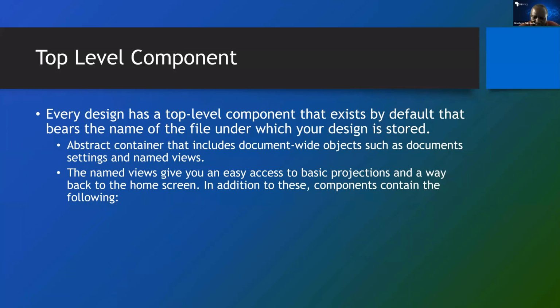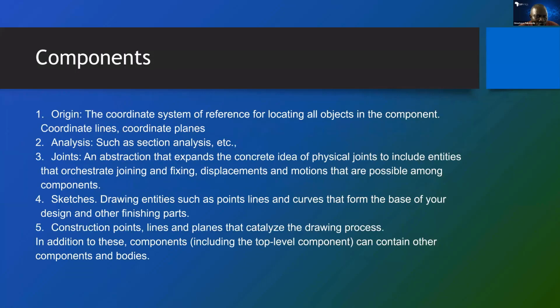In addition to this, components contain the following, in addition to what I have described. The components can contain the origin. In Fusion 360, when we say origin, we are referring to the coordinate system of reference for locating all objects in the component. Each component has that coordinate reference.